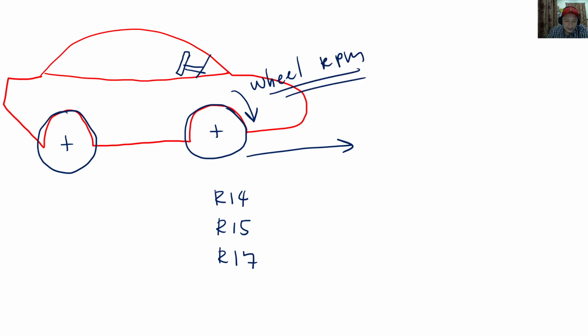So let's say your car is calibrated for 14 inch. When you drive 110 kilometers per hour, it is 110 because your car tire wheel radius is 14 inch, so 110.